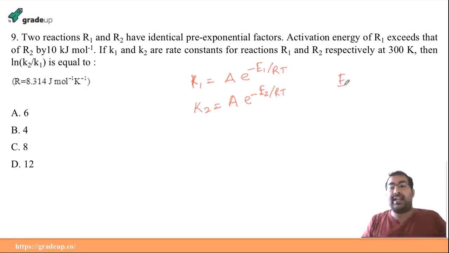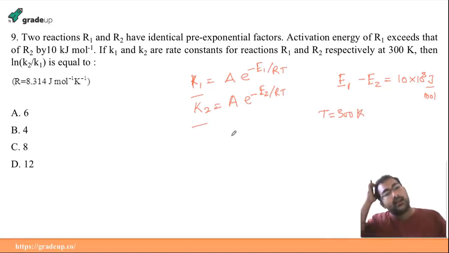So E1 minus E2 is 10 kilojoule, that is 10 to the power 3 joule per mole, right? If K1 and K2 are the rate constants of R1 and R2 respectively, we have it here at 300 Kelvin. So T is again 300 Kelvin.